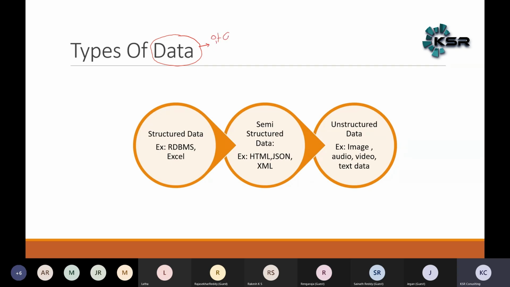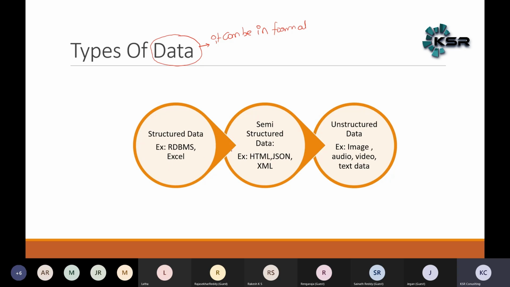From our understanding point of view, data has been classified into 3 different types.